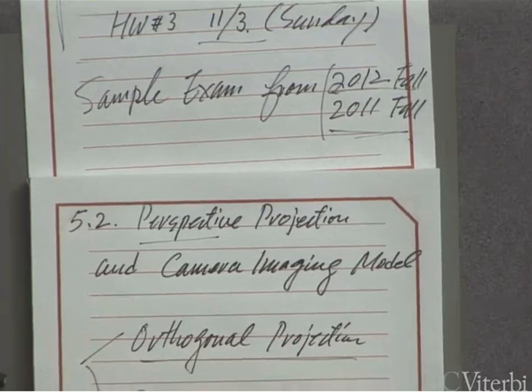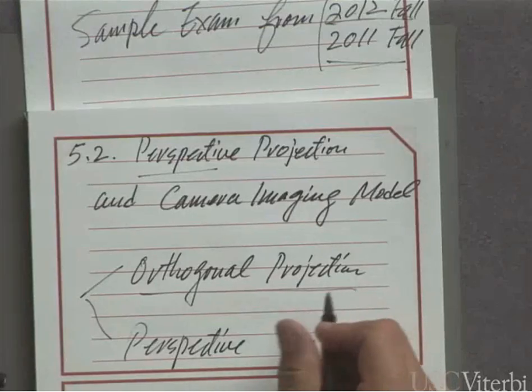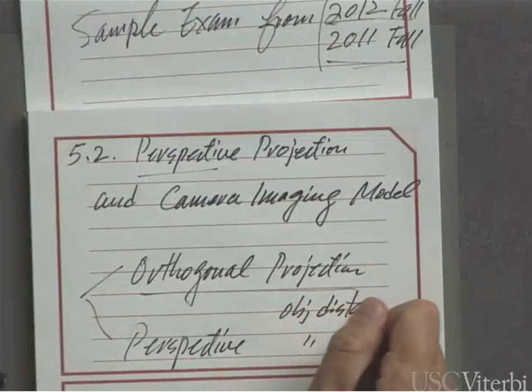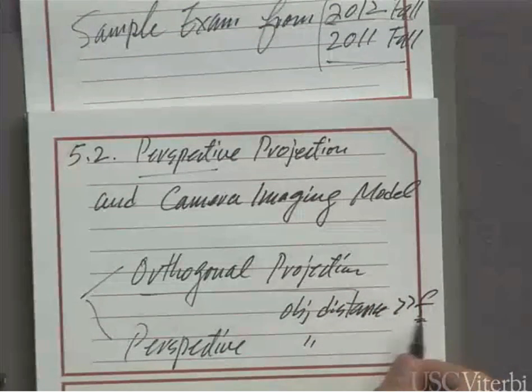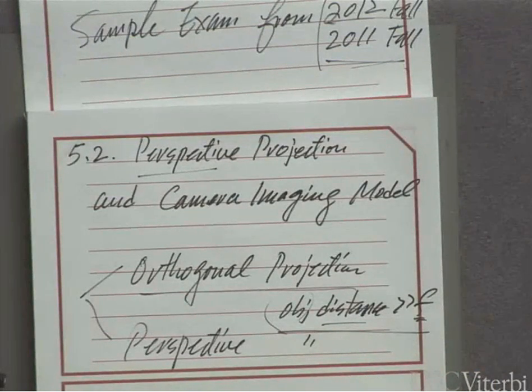Orthogonal projection is an approximation of the perspective projection. That means the object distance is much, much greater than the focal length. Then we call this the orthogonal projection.